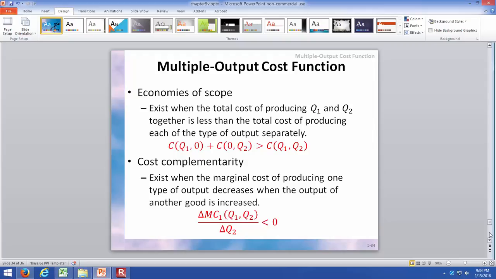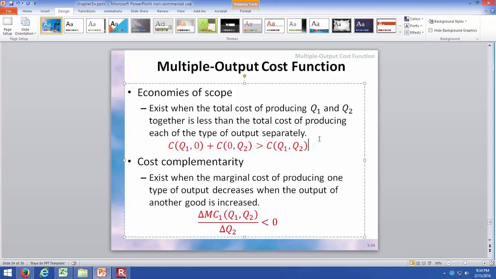And what is that? If we have two outputs which are different, in this case producing both together actually benefits us. The cost of producing both together is actually less than the cost of producing each one individually. As an example, let's say you are South Coast Hospital.